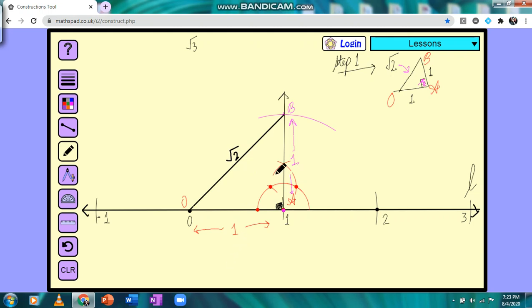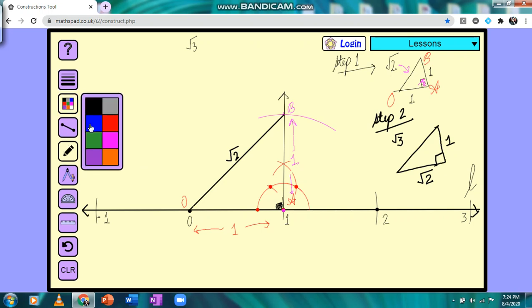Now what I want to do is, at this step, I usually copy it onto the number line. But I'm not going to copy it onto the number line. I'm moving on to step 2, which is to represent root 3 as the hypotenuse of a right triangle in which the base is square root of 2 and the perpendicular is 1.